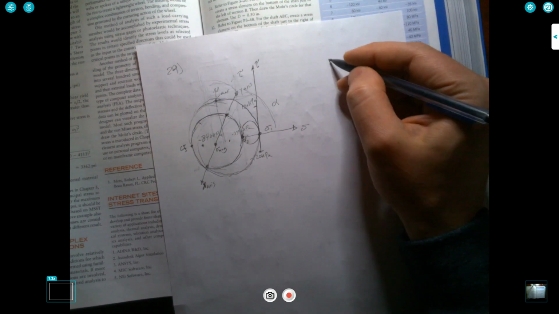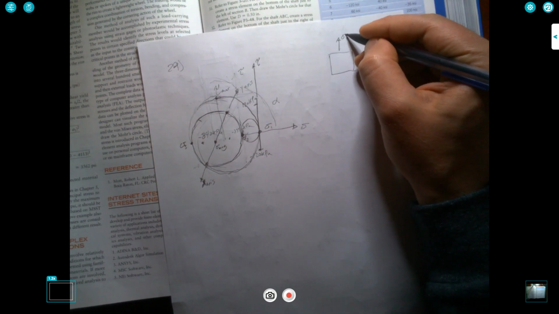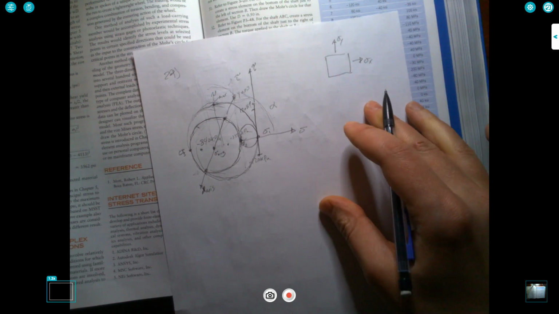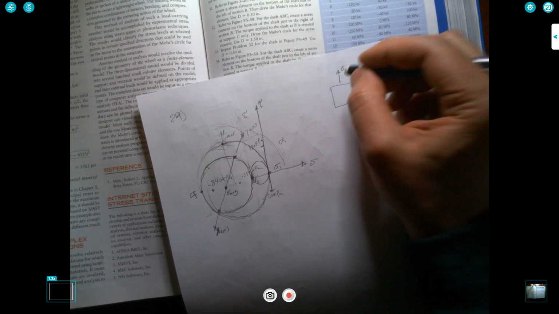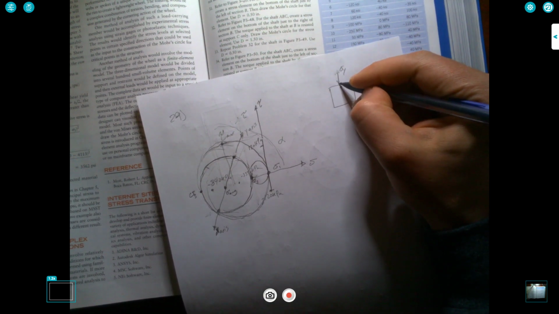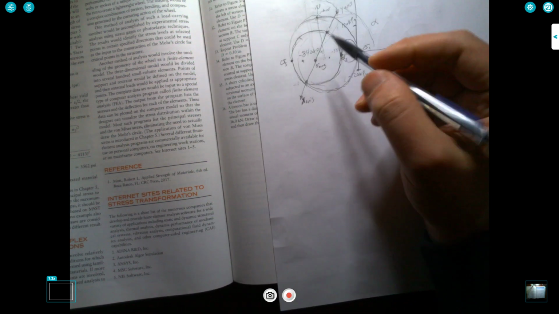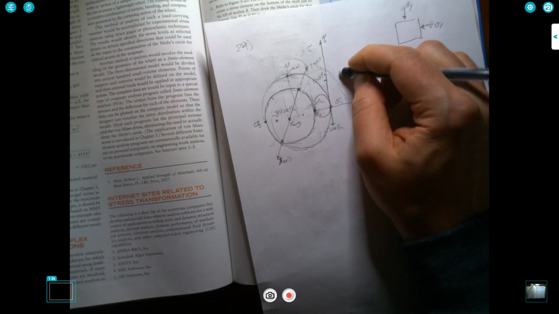So you would still have your typical stress element with sigma y, sigma x from the beginning of the problem. In this case, they were both negative, so actually they're both compression, right? And then you would go through and show your rotations, and in this case we would see that we'd go off of, sorry, I put the alpha angle there.